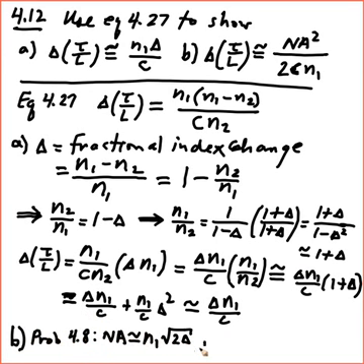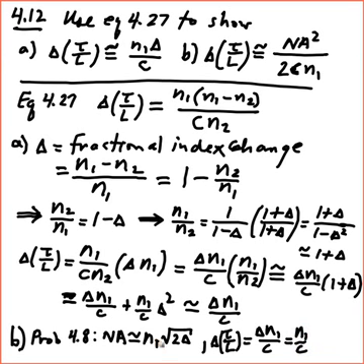And so delta tau over L from part A is delta n1 over c. Let's see, I'm going to substitute in for delta there, and I may run out of room. So it's n1 over c times delta.